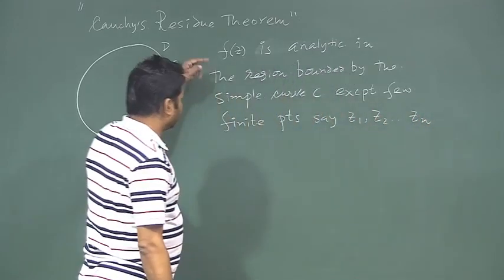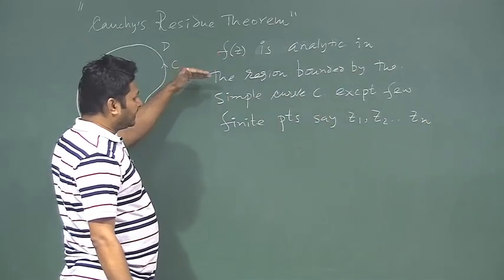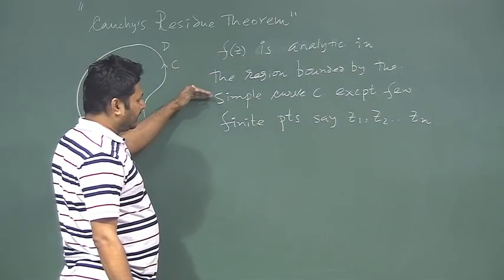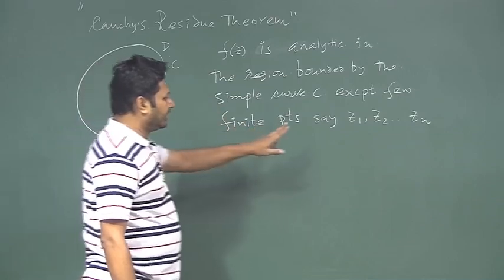First, try to understand what it means for f(z) to be analytic in the region bounded by a simple curve C except at a few finite points Z1, Z2, Zn.